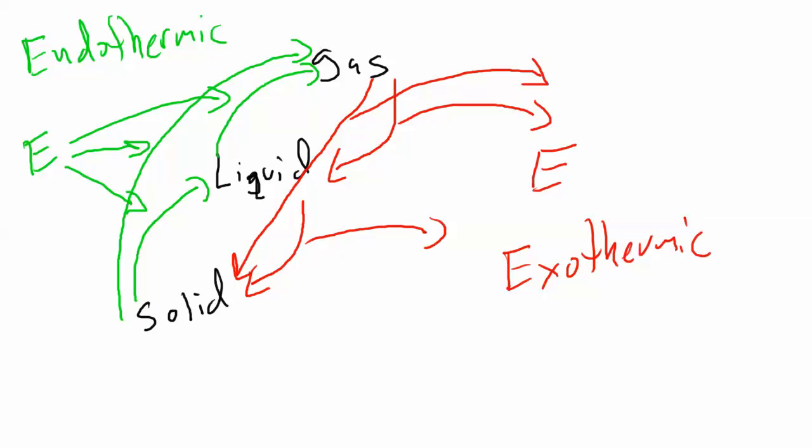Right? And just really quickly to name these, solid to liquid is melting. Liquid to gas is evaporation. Solid straight to gas is sublimation.